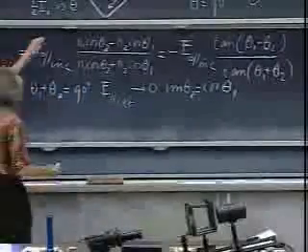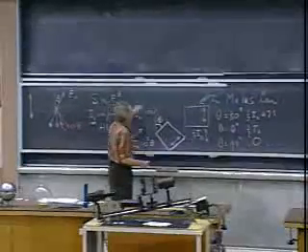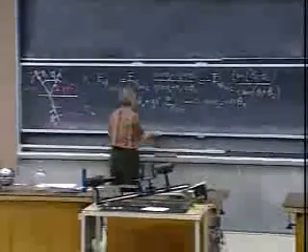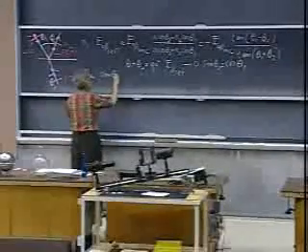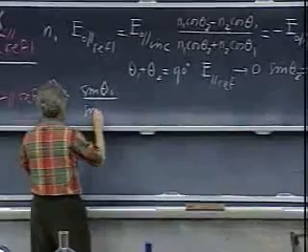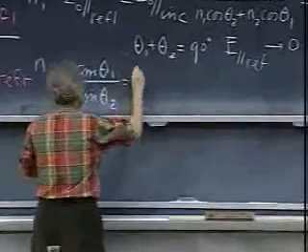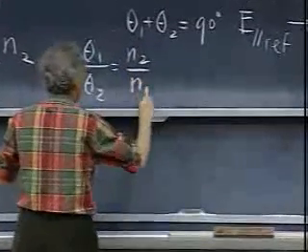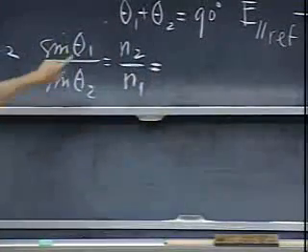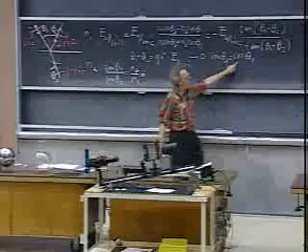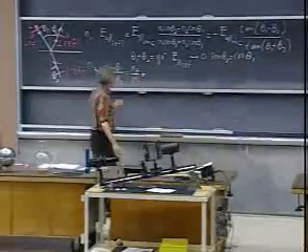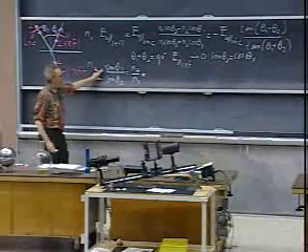And if I now remember Snell's law, which says that the sine of theta 1 divided by the sine of theta 2 is n2 divided by n1, I can replace, only for this special case, the sine of theta 2 by the cosine of theta 1. And so I get here now the tangent of theta 1.